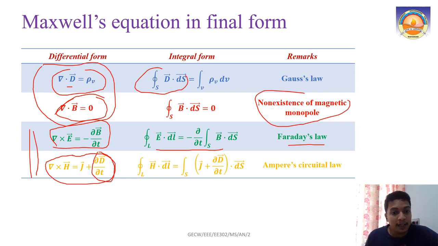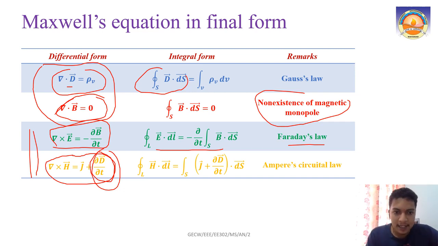At that time all other laws were known, but the existence of displacement current was not known at all. So he proposed that first, and afterwards Heinrich Hertz came and verified it experimentally. So that was the major contribution of Maxwell, the introduction of displacement current.